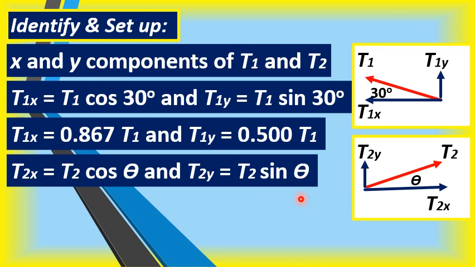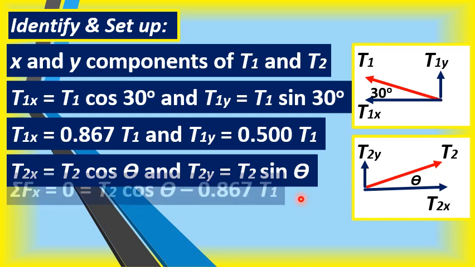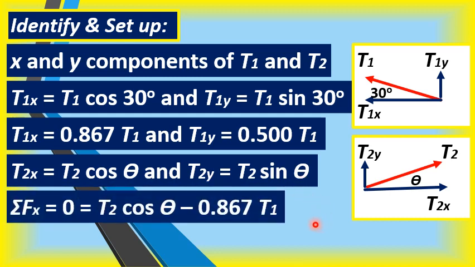Since we consider the rod to be in static equilibrium, the summation of all forces along the horizontal, denoted by the summation of Fx, must be equal to 0.